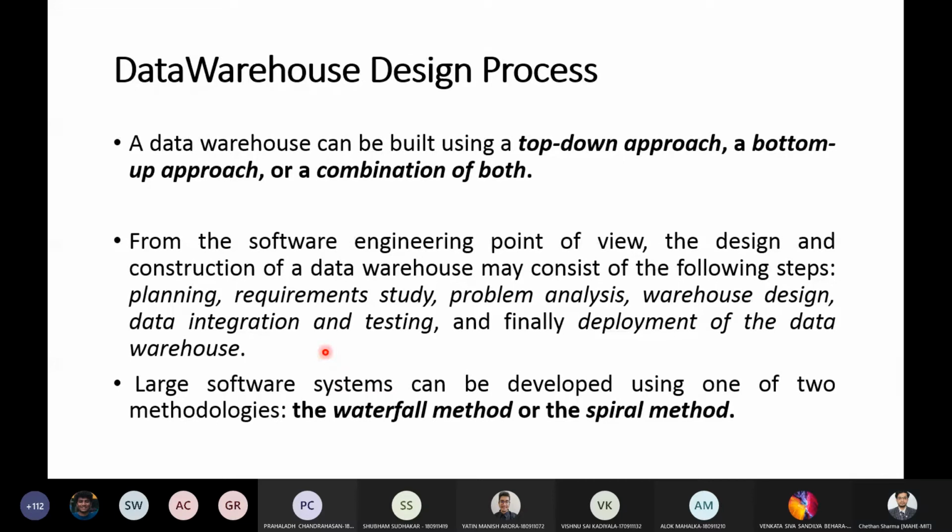So a data warehouse can be built using different approaches. One is the top-down approach, the bottom-up approach, and a combination of both of these. So this top-down approach starts with the overall design and the planning for that particular data warehouse.